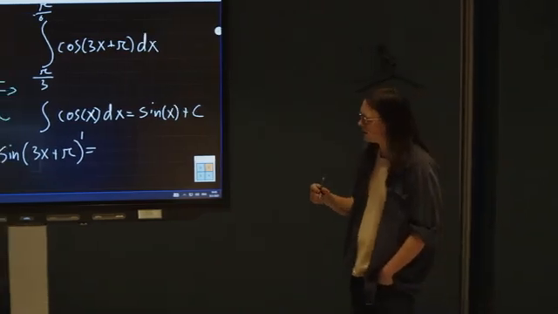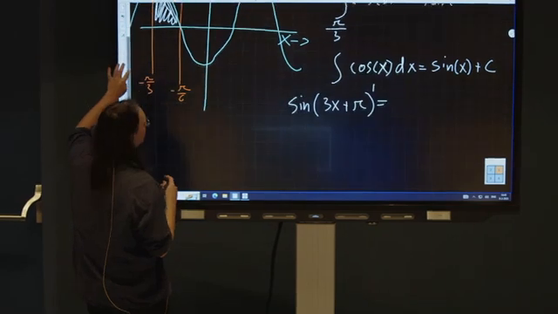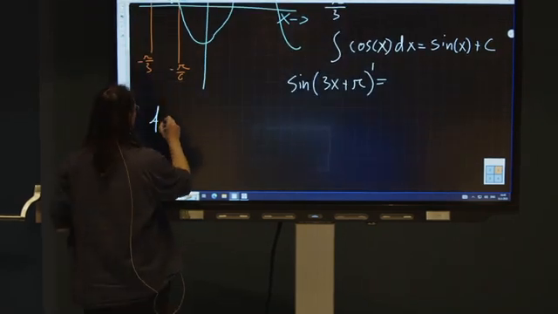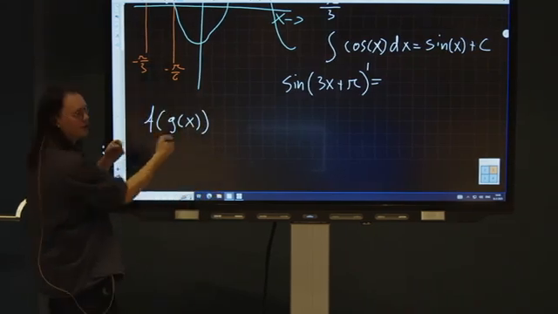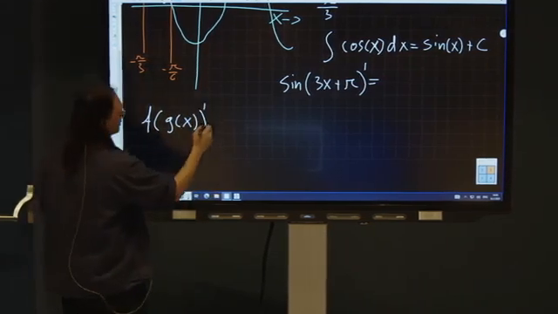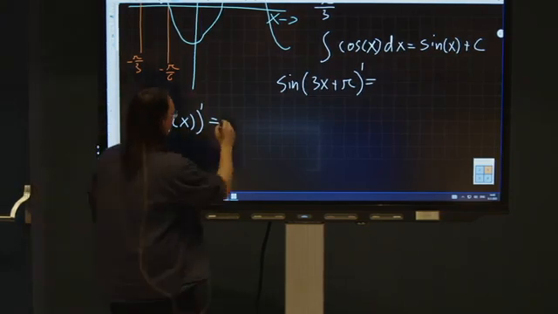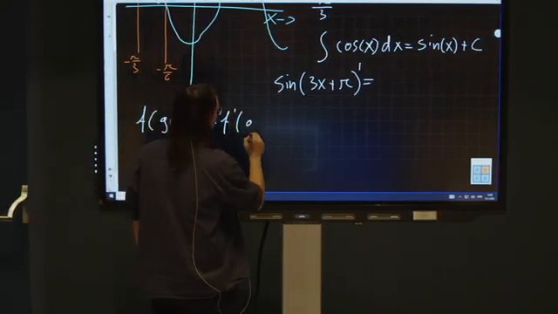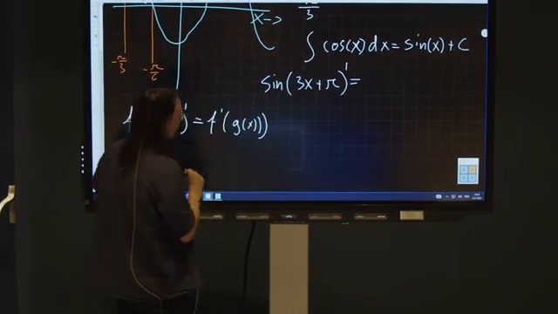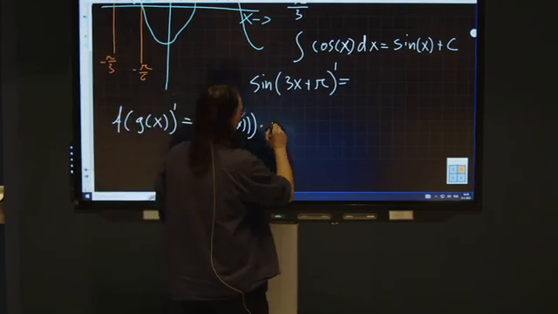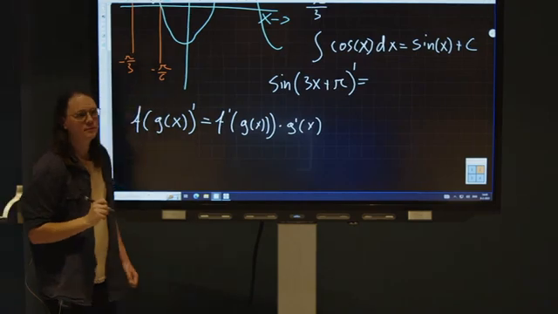So the chain rule says, if we just recall it for a moment, that the derivative of a chain of functions, a composition of functions like this, is the derivative of the outer function f composed with the inner function, times the derivative of the inner function.